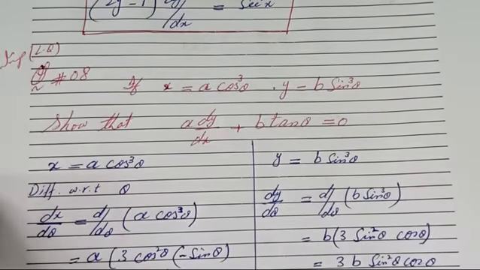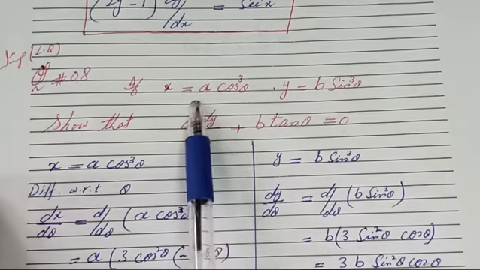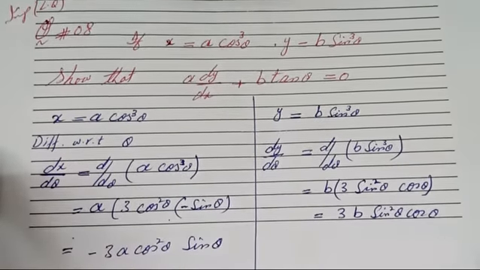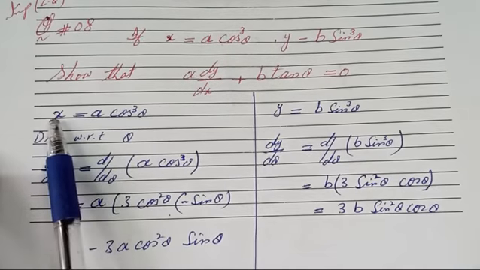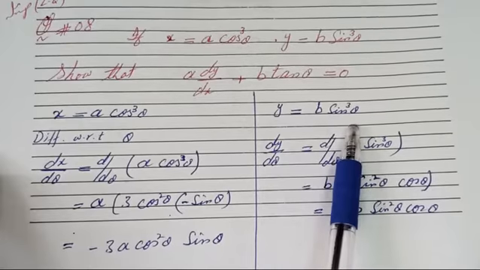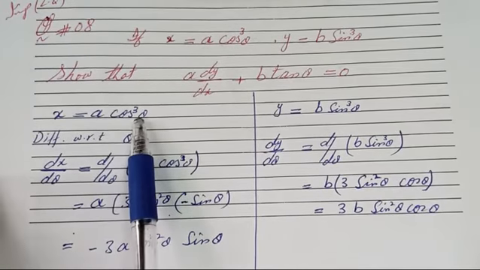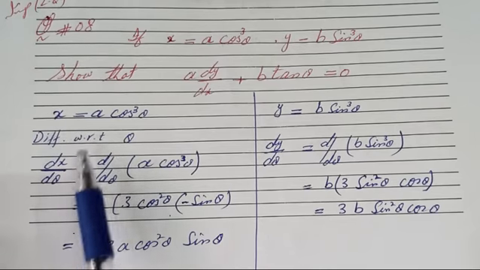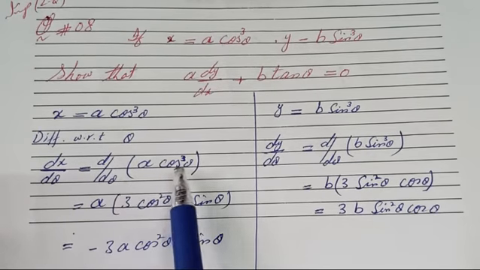So now we will differentiate both terms x and y separately, side by side. First of all, take x is equal to a cos cube theta as given here and y is equal to b sin cube theta. Now differentiate with respect to theta, as theta is given here as an angle. So dx over d theta, d over d theta of a cos cube theta.